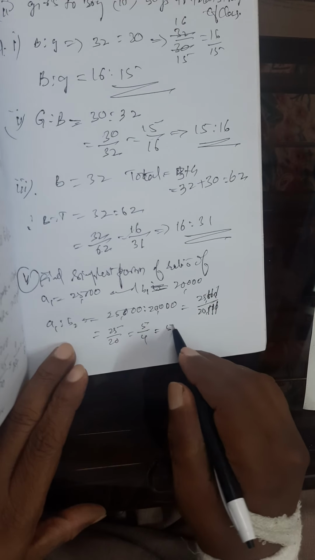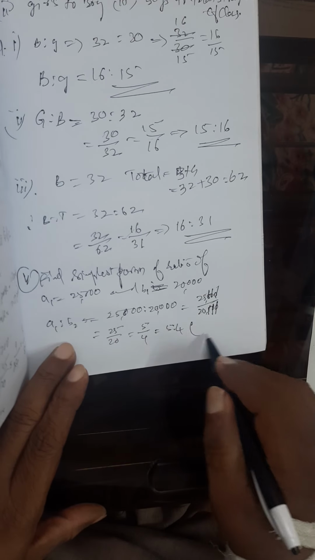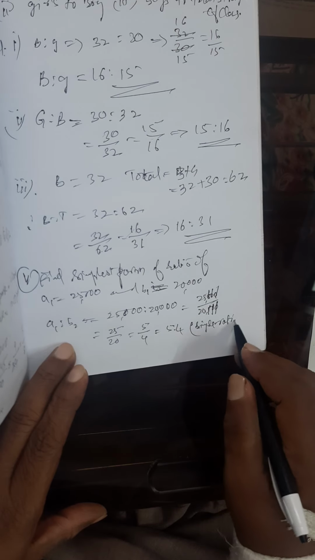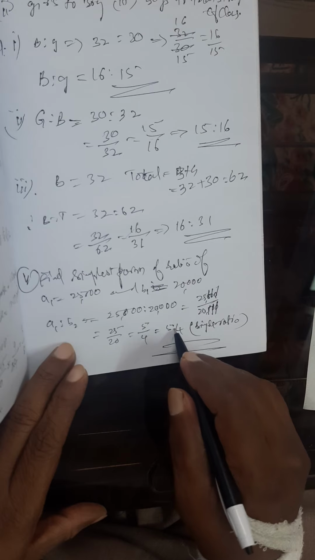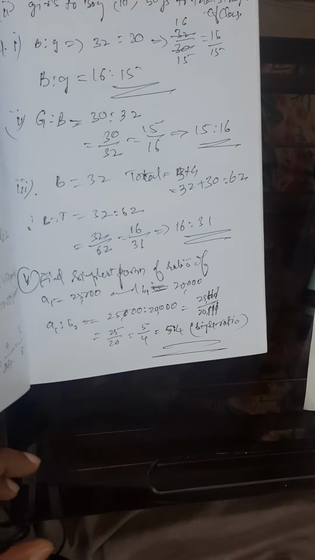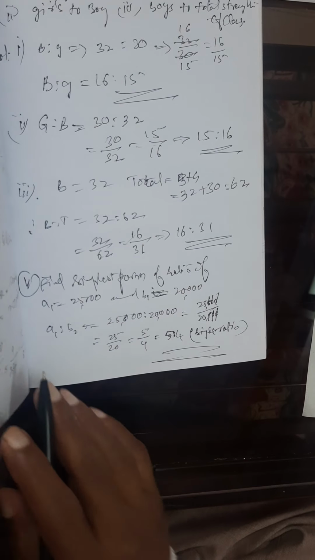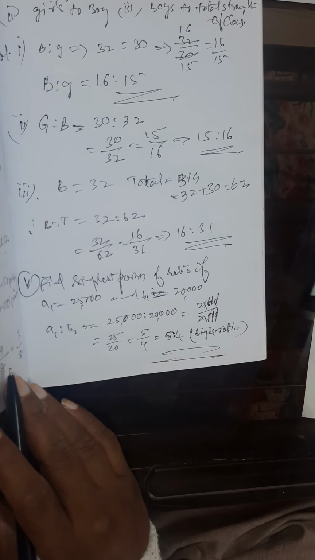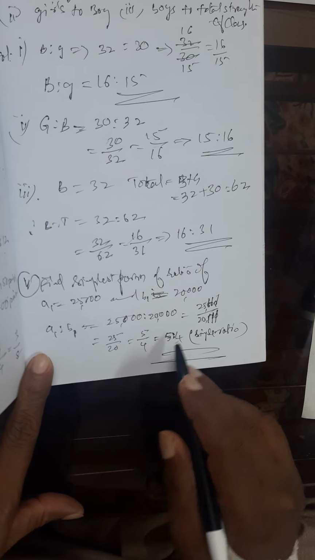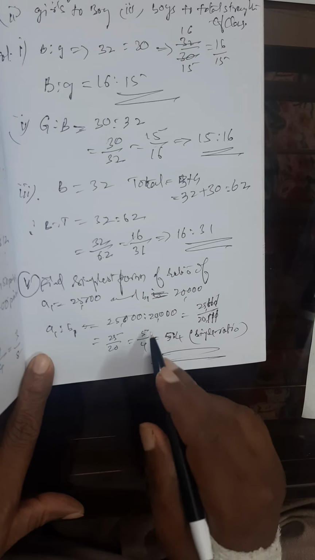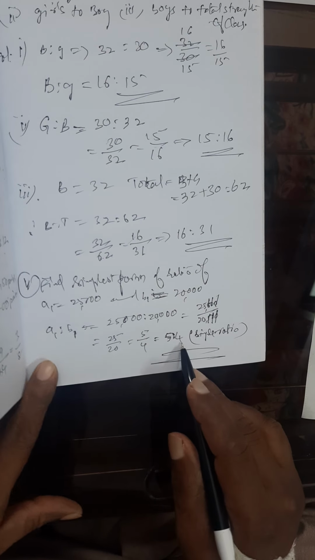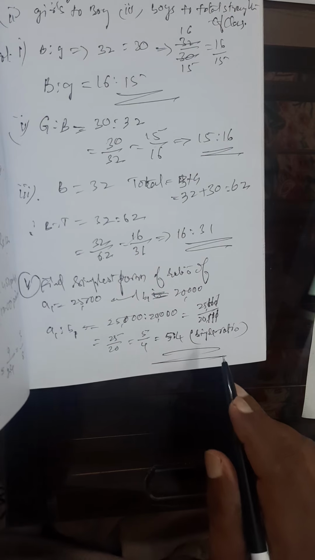So 5 is to 4 is the simple ratio or simplest form of ratio. 5 is to 4 is the simplest form of the ratio of 25,000 is to 20,000. A1 and B1 are two quantities given. Comparing them, we get the simplest fraction. It is a ratio form. So this is called the simplest ratio between A1 and B1.